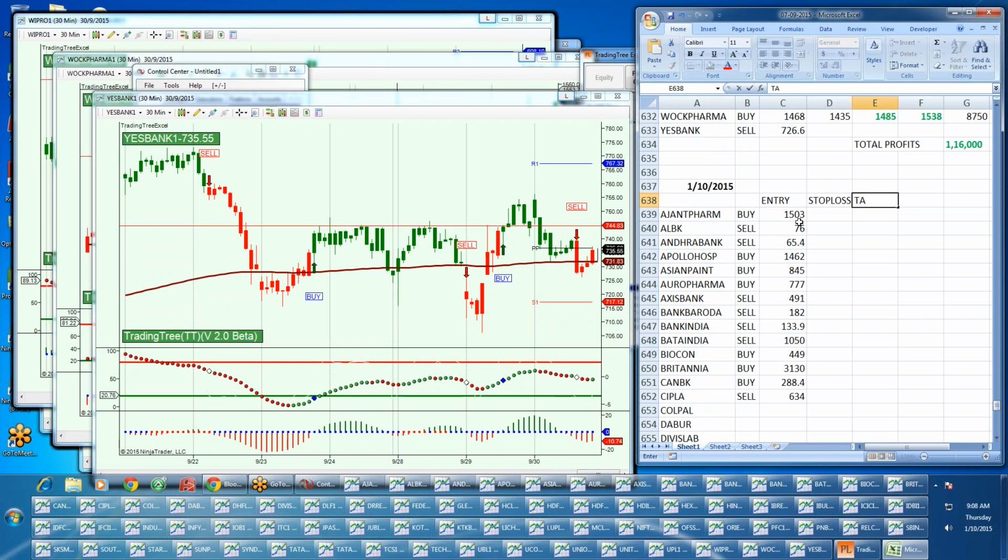You will have to add targets. The idea is to enter in two lots on each trade. You'll book your profit for one lot at target one, and you'll keep trailing the stop loss for the next lot till you get the maximum out of it.